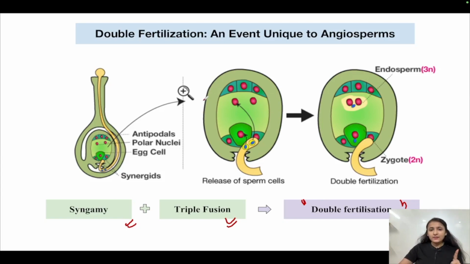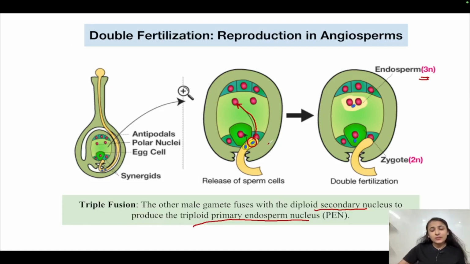One is syngamy, that is the fusion of male and female gamete, which is fertilization number 1. The second fertilization process is the triple fusion, where the second male nucleus or male gamete is fusing with the diploid secondary nucleus.